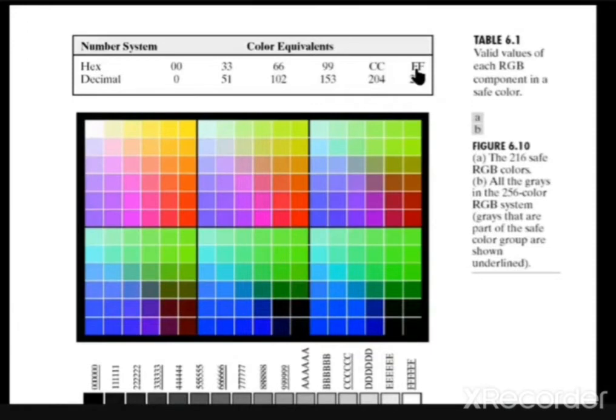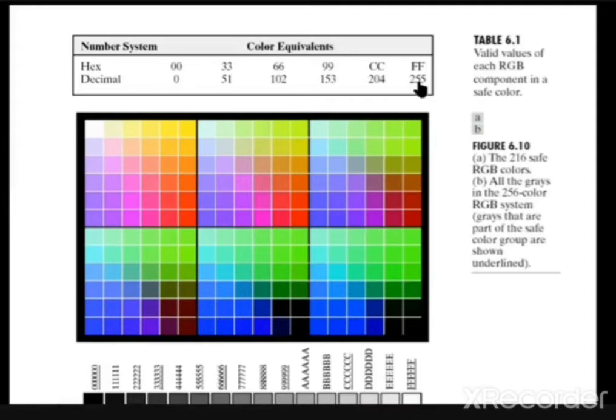You need not worry. If you look at these values, 0, 51, 102, 153, 204, and 255, you can easily understand that there is a difference of 51, right? 0 plus 51, we get 51, plus 51, 102, plus 51, 153, plus 51, we get 204, and plus 51, we get 255.